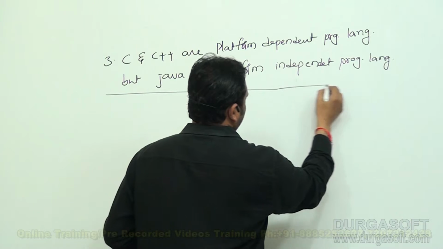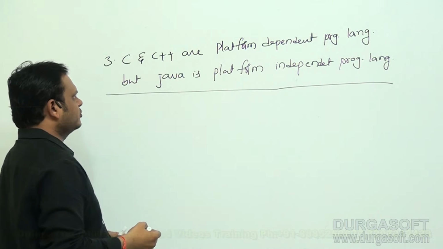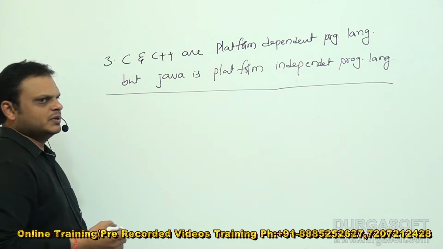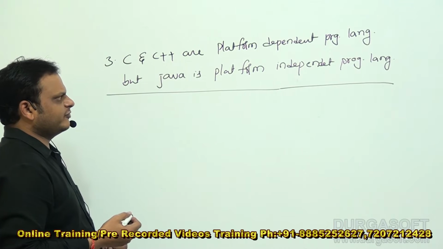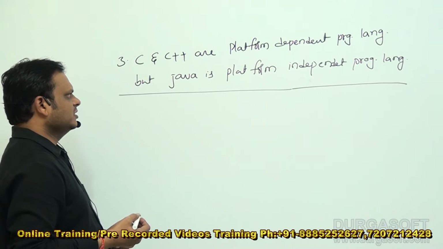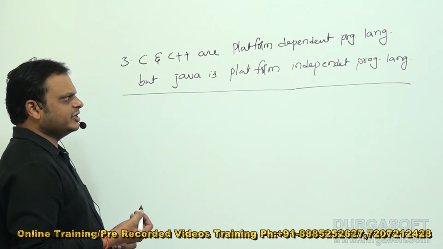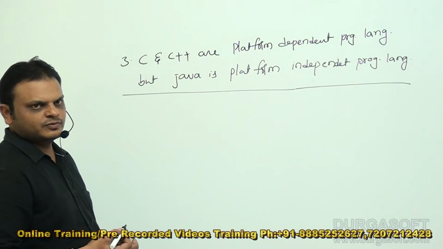So this is the third difference we need to identify. C and C++ are platform dependent programming languages, but Java is platform independent programming language.